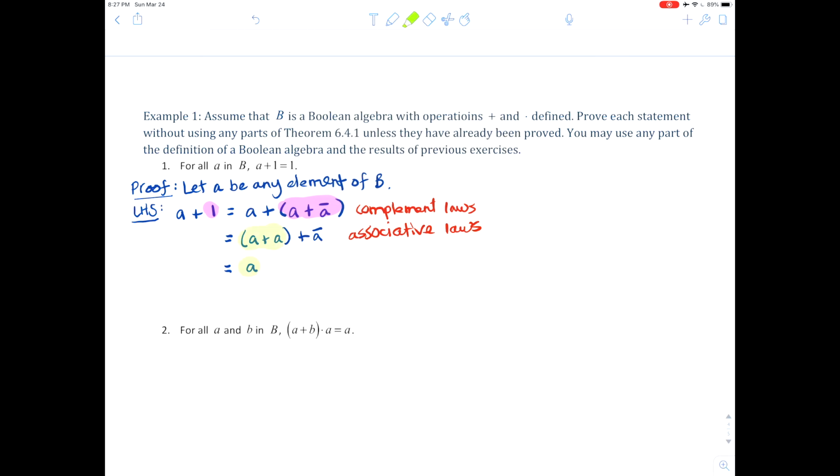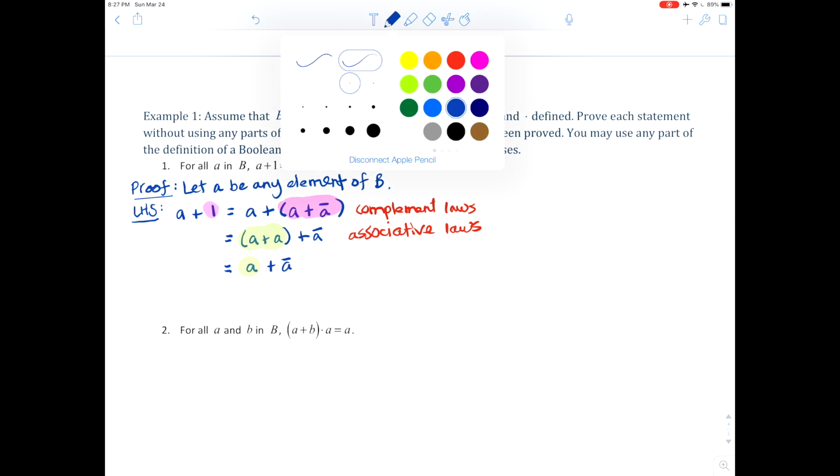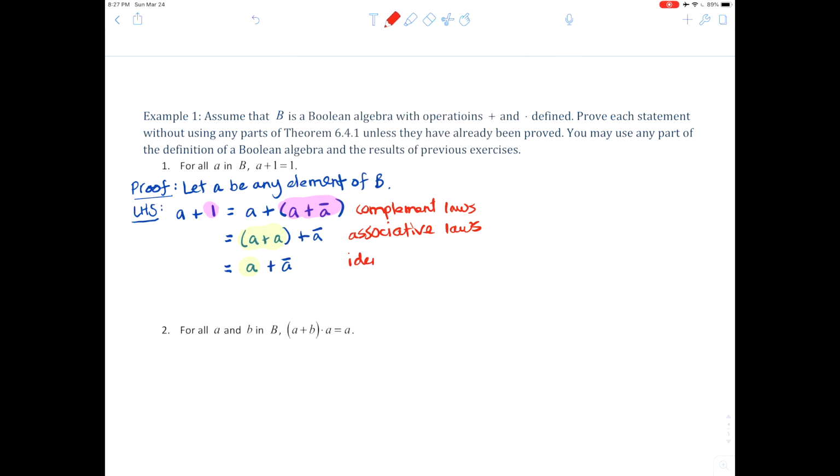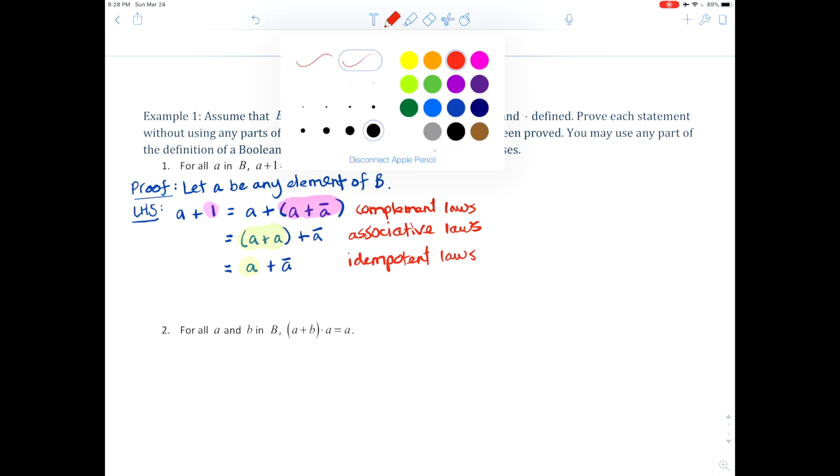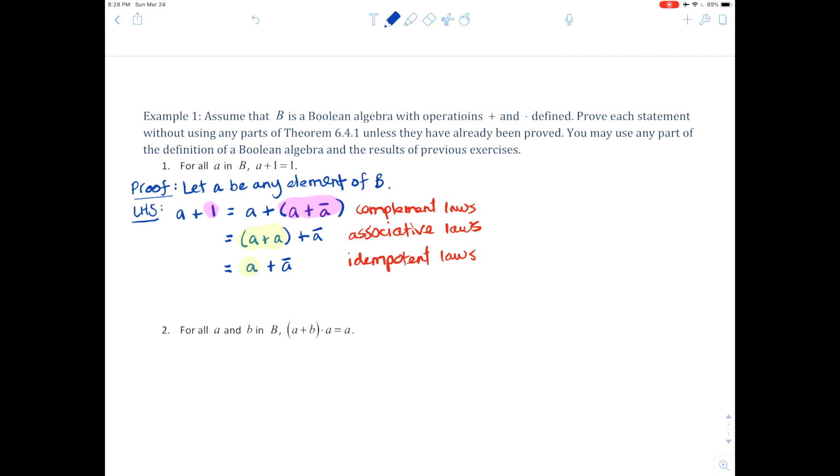So this here, A or A was A. And then we'll have plus not A. And that was what? Good. That was from the idempotent laws. And then A or not A is 1.